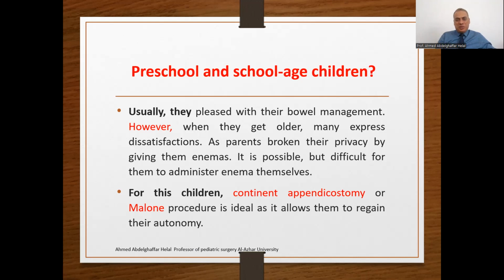This is not accepted. Many of them may express dissatisfaction with the program. So for these children, it's better to perform the wash through the appendix, and the child can perform the wash. All these children can perform the wash by themselves through the appendix or Malone procedure.